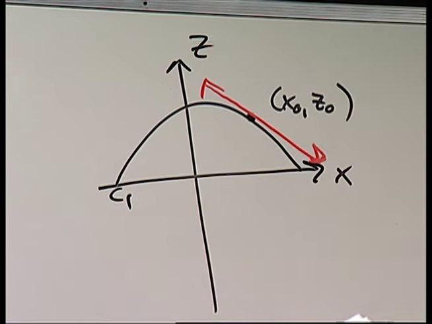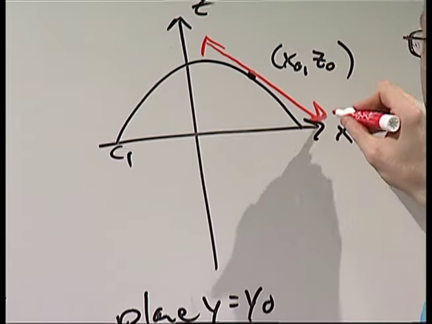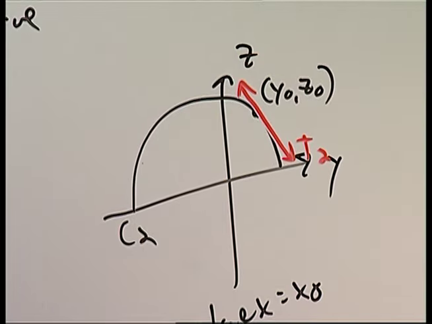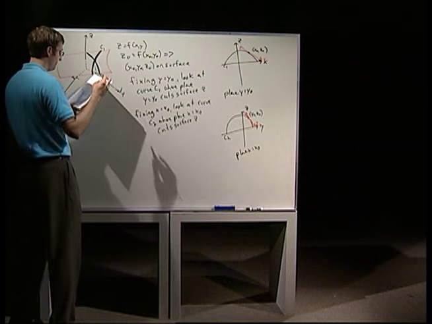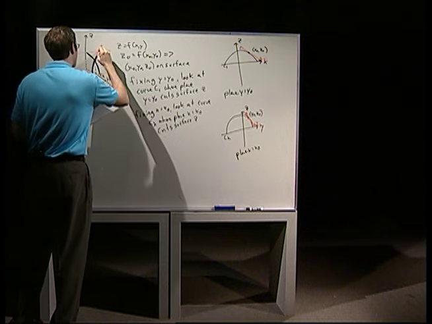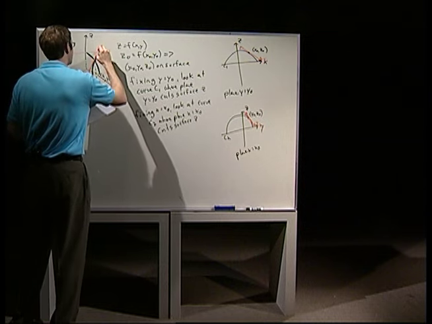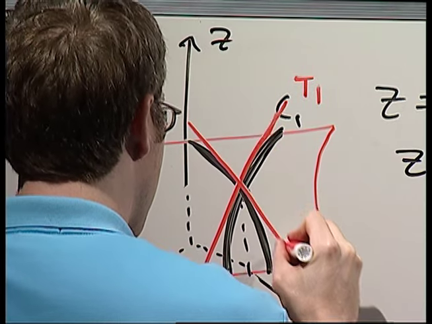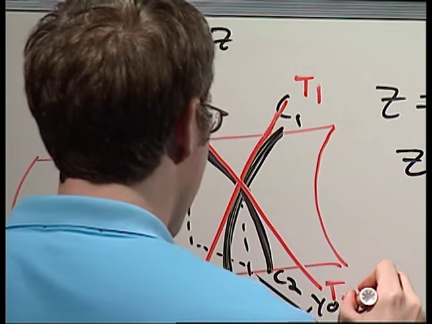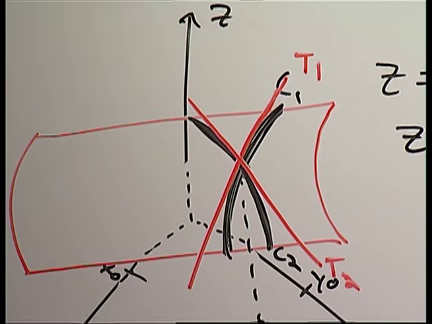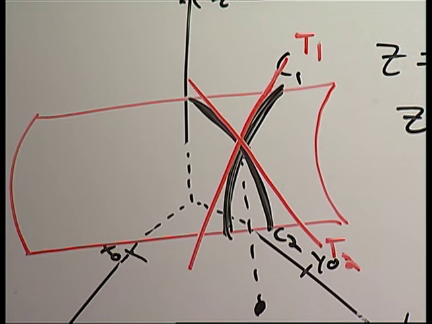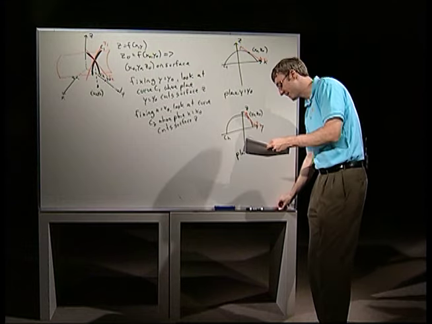There's a tangent. I can call this tangent T1. I can call this guy T2. Those guys are up here as well. In other words, there's T1, there's T2 on my picture. They have slopes. Their slopes are the partial derivatives.